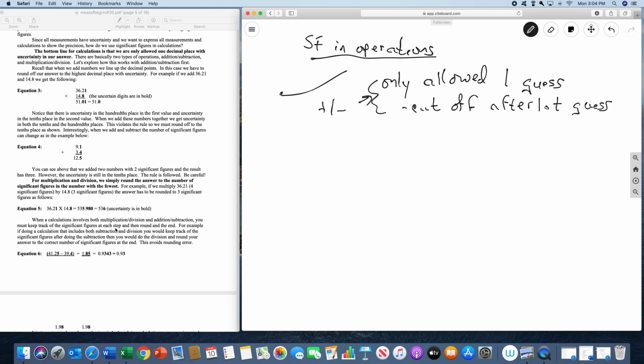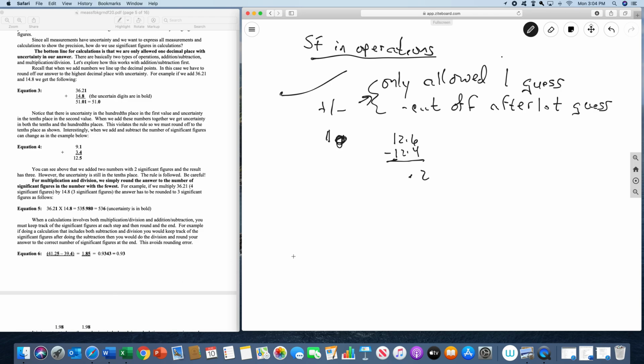Just to show you also, if I take these numbers, your sig figs can drop. If I take 12.6 minus 12.4, both these have 3 sig figs, but my answer is 0.2. So I dropped to 1 sig fig.